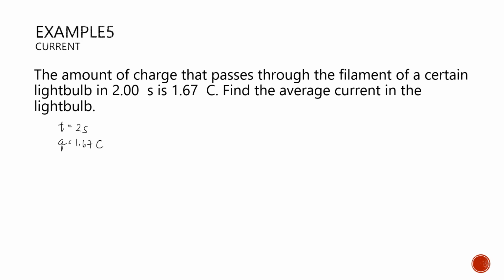So the average current would be Q over T, that's 1.67 coulombs per 2 seconds, which equals 0.835 coulomb per second, or amperes.